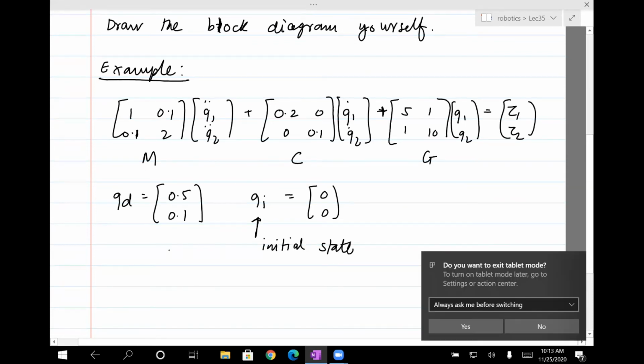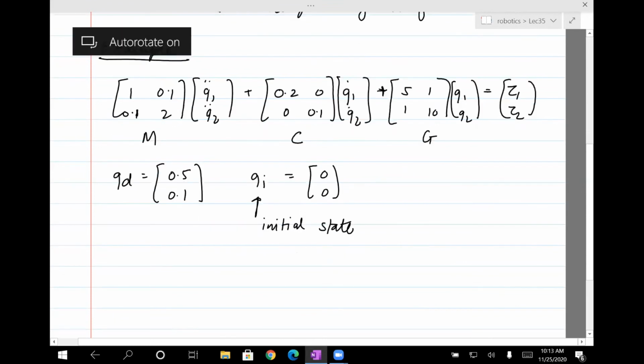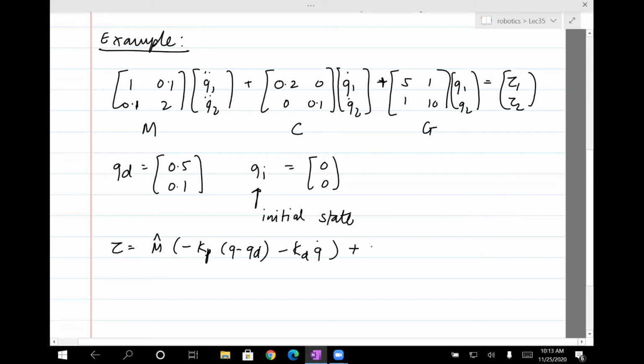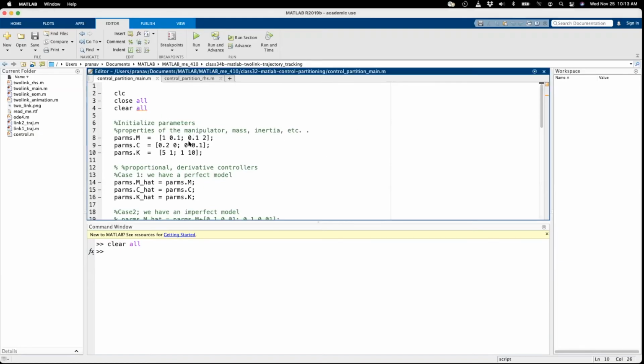By the way, maybe I should just mention that in MATLAB, I'll essentially do M hat times minus Kp (q minus qd) minus Kd q dot, and then plus G hat q plus C hat times q dot. That's precisely what I'm going to do in MATLAB. Okay, so here are the files which I'll share with you.